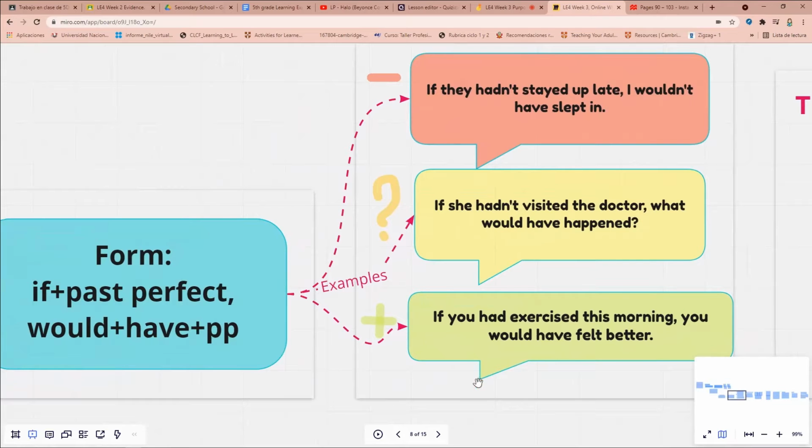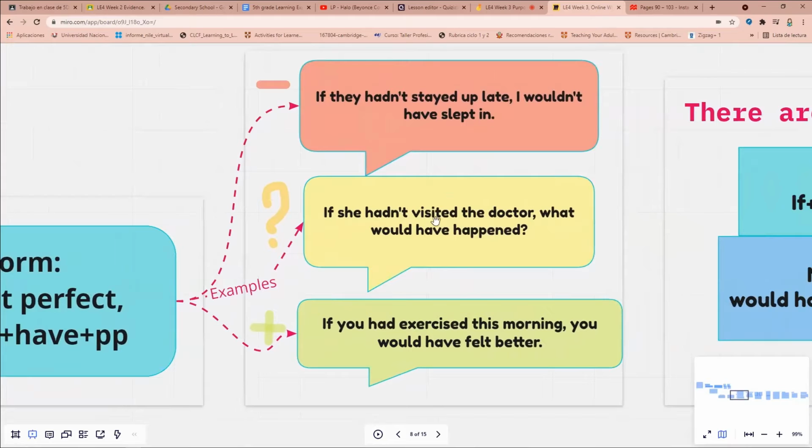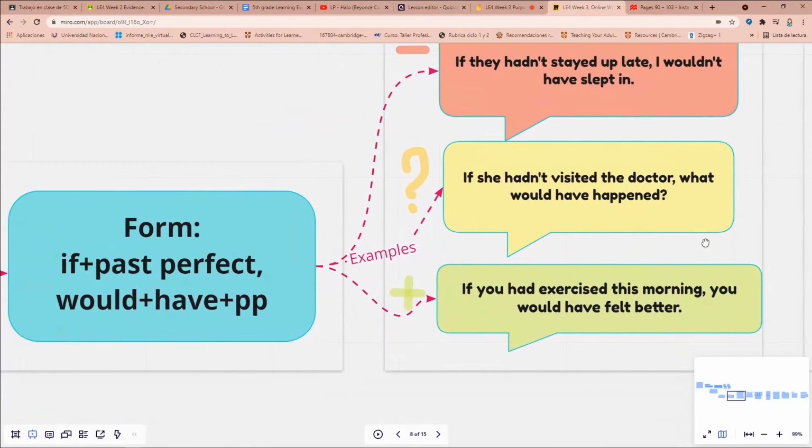The same with the rest, but now this is a question. If she hadn't visited the doctor, what would have happened? What would have happened? So we have here the same form. We just add a question word, as you see.